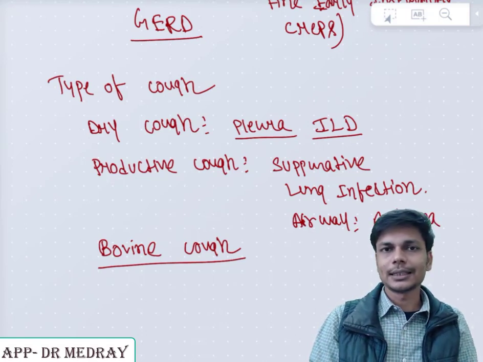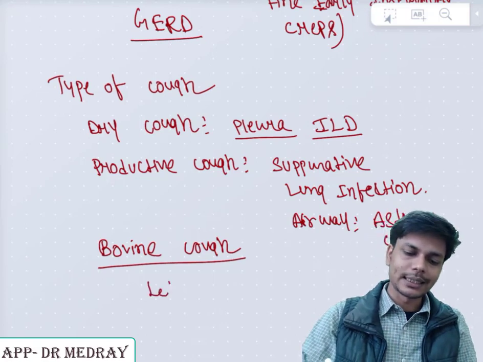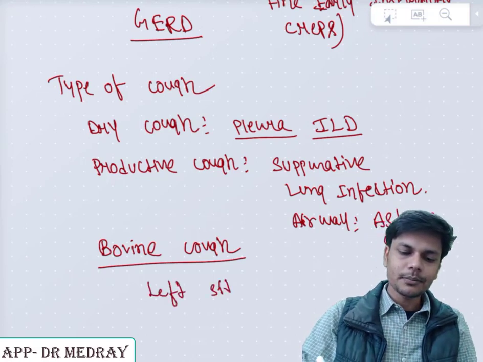Suppose there is vocal cord palsy because of recurrent laryngeal nerve palsy, so the vocal cord is open, it is not closed. Suppose there is one-sided, left-sided vocal cord palsy.